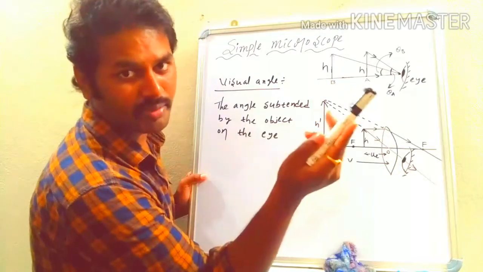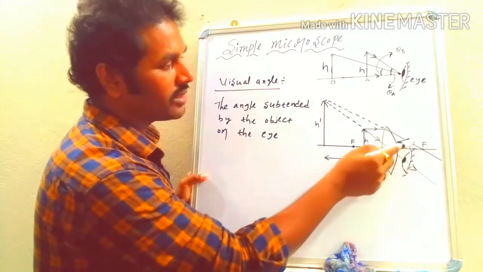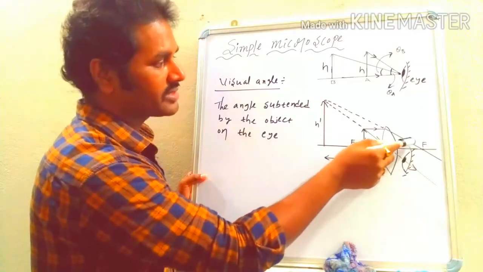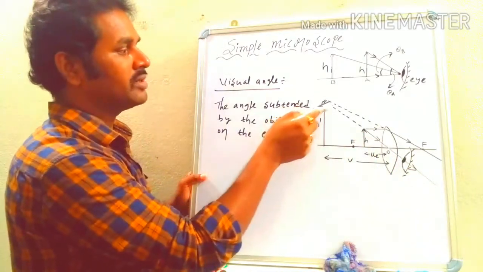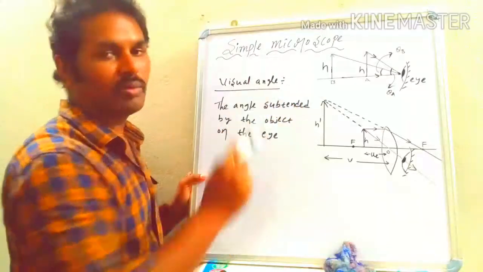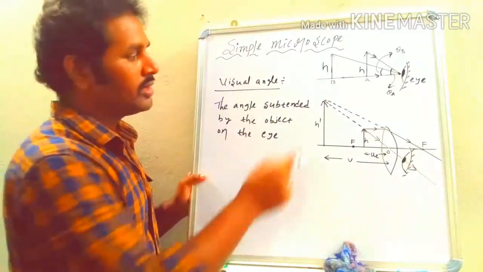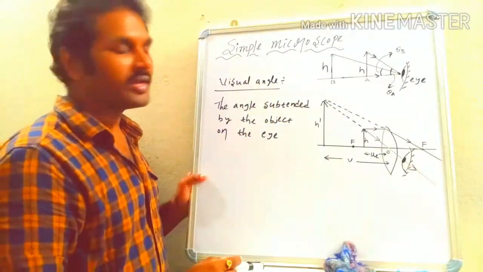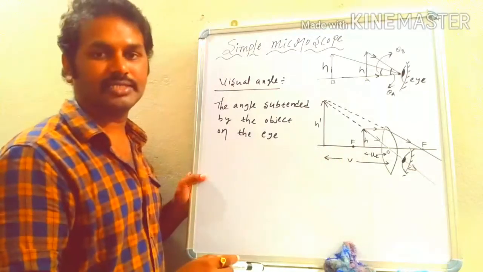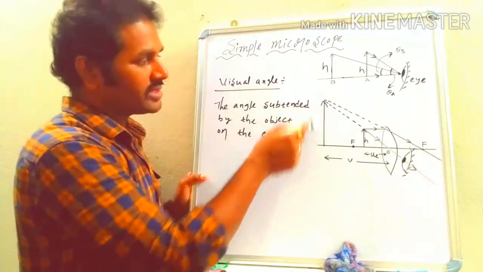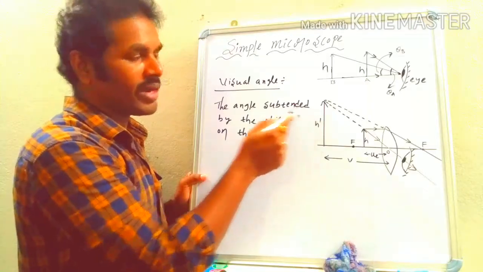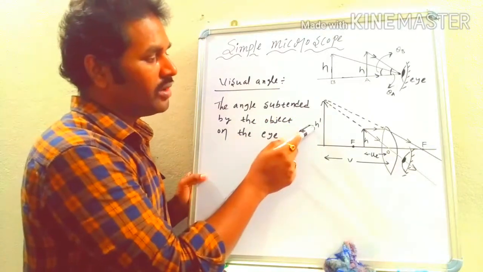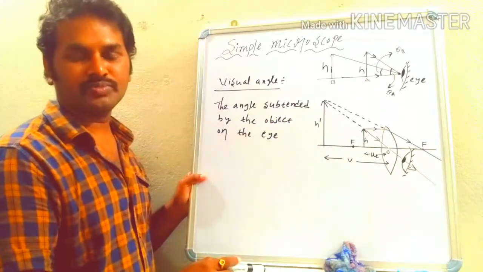What should we do to get the image? We extend these divergent light rays in the backward direction. Somewhere these two rays appear to meet, and there you will get the final image of this object. Here you can see the height of the image is named h dash, which is much bigger compared to h.